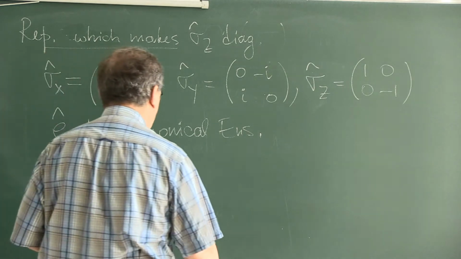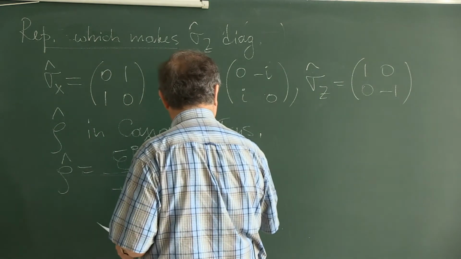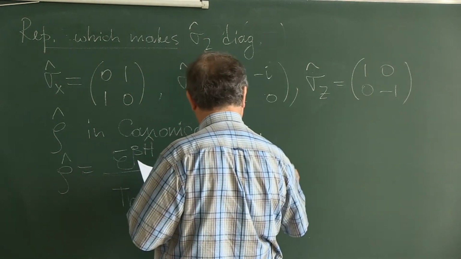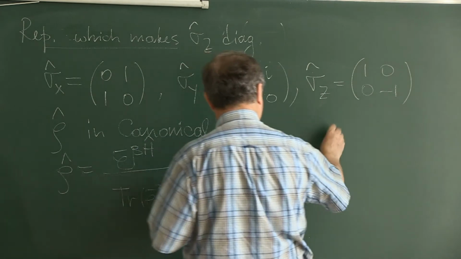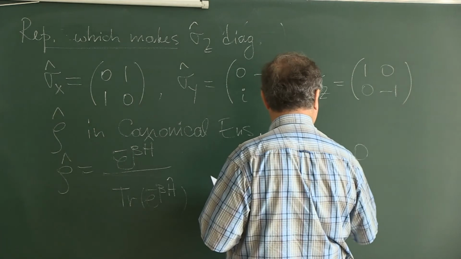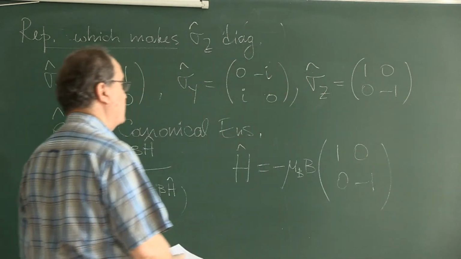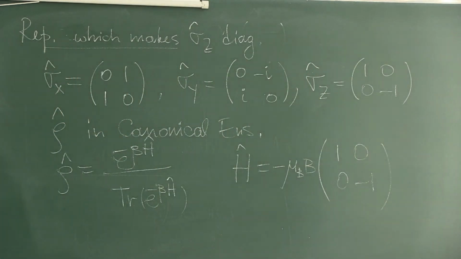Hamiltonian is minus mu B times 1, 0, 0, minus 1 in this case, isn't it? With that sigma z. It is diagonal.